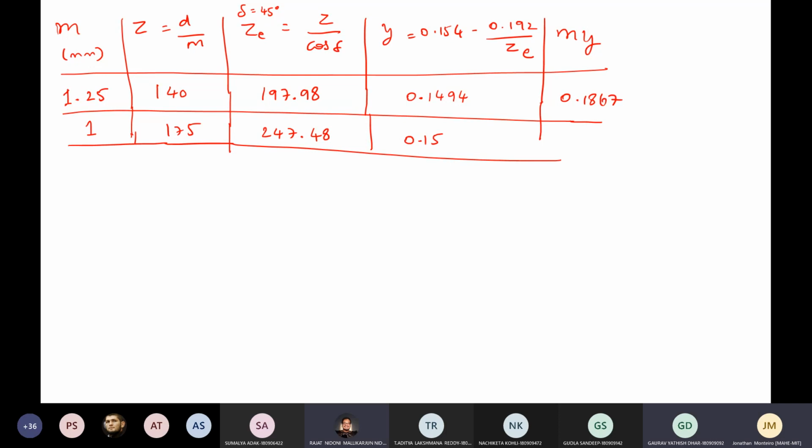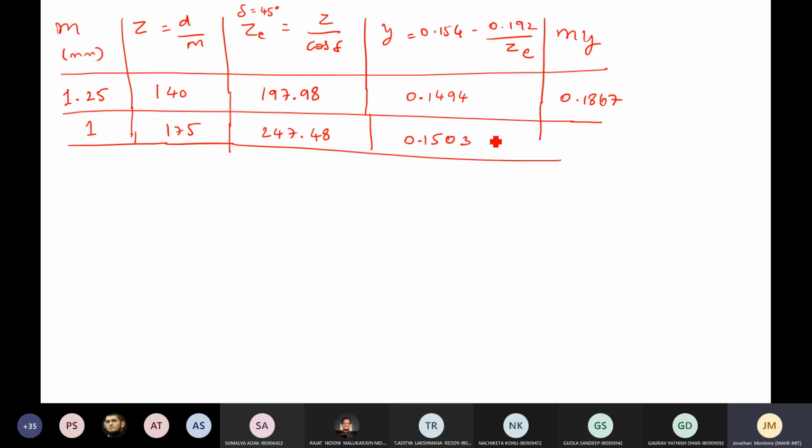If we go for a higher value, won't it be over-designing, something that is not required? So we'll try to fit the least possible. Module 1 is the last one. Even if it comes a little higher than required, it is in the safe region, but below 1 we don't go. We don't have any choice of modules below that, so we'll stop at 1 itself.